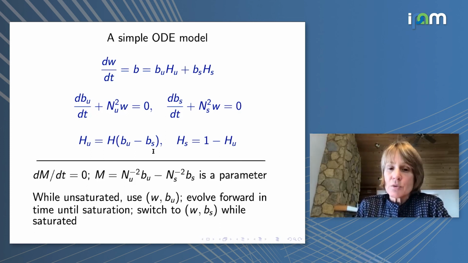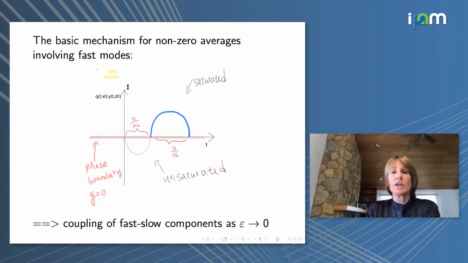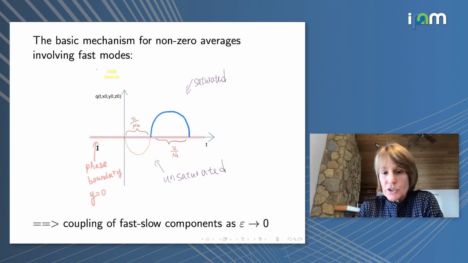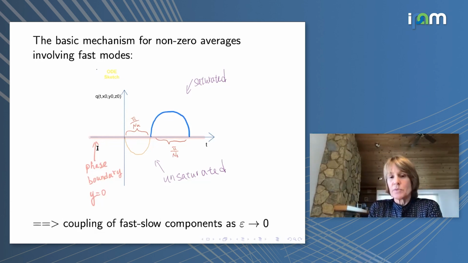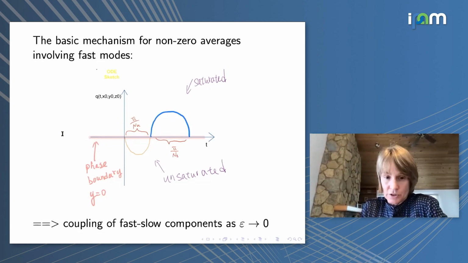And in the individual regions, we'd simply have a harmonic oscillator equation for either BU or BS when we eliminate vertical velocity. So it's very simple to do. And here's a sketch of the solution for the special case of m equals 0, but it's the same idea for non-zero m.